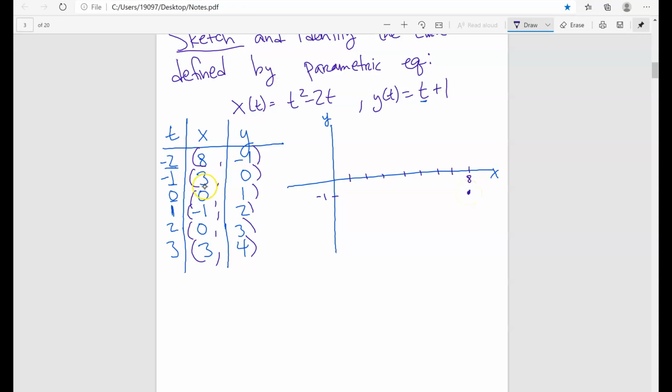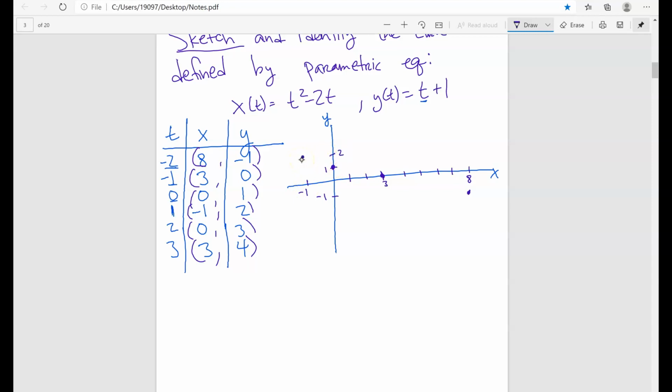Okay, then I'm going to plot 3 comma 0. So here's 3 and then comma 0. There's no movement there, so it's going to be right there. 3, 0. Then you have 0, 1. So here's 0, here's 1. Then you're going to have negative 1, 2. So negative 1 is out here, and then 2.